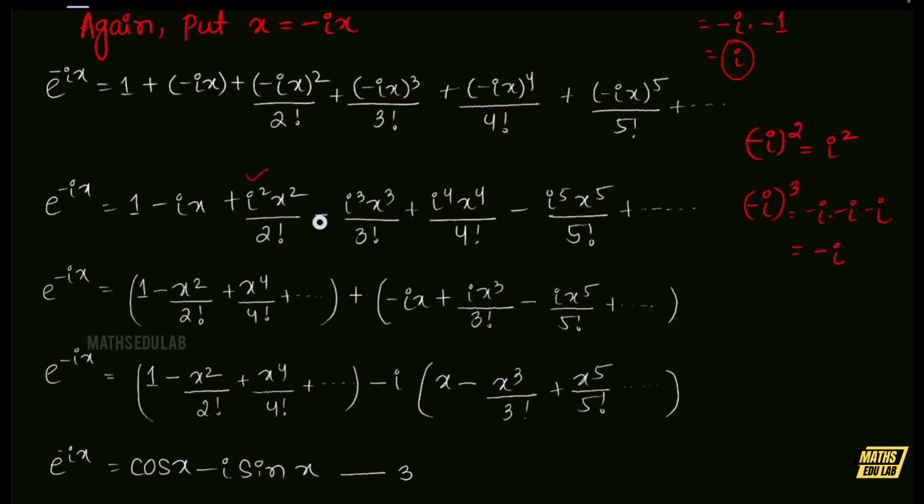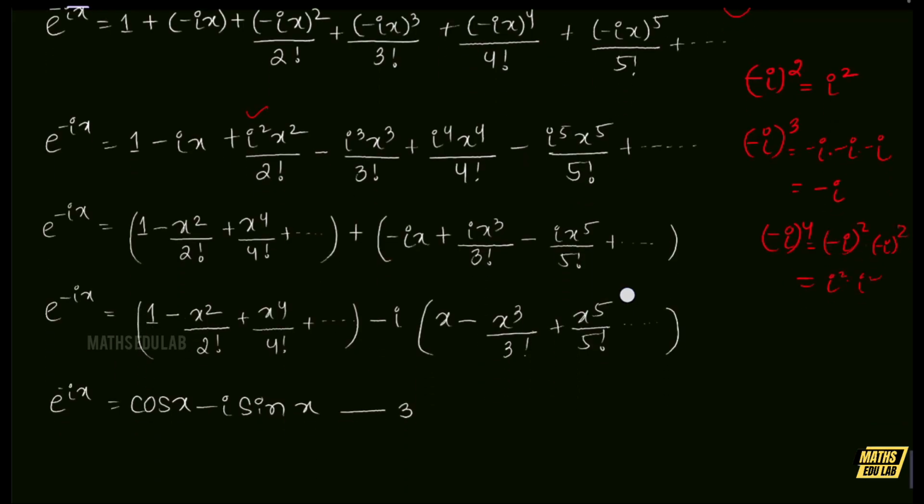So I have written minus i cube x cube by 3 factorial, and similarly for minus i to the power of 4, which is nothing but minus i square into minus i square. So I get i square into i square, the positive one, so i to the power of 4 x to the power of 4 by 4 factorial, and similarly minus i x to the power of 5 upon 5 factorial. So I have written this much.